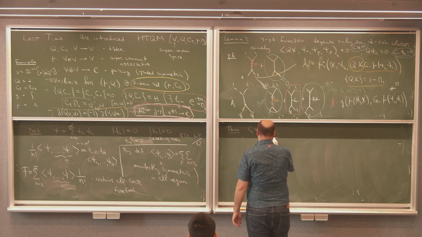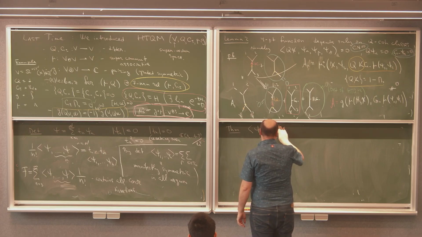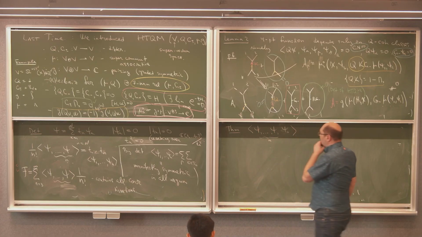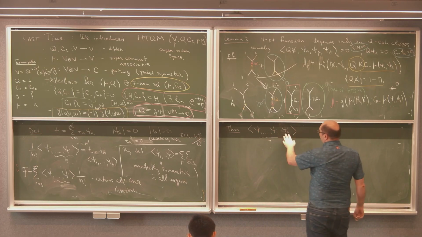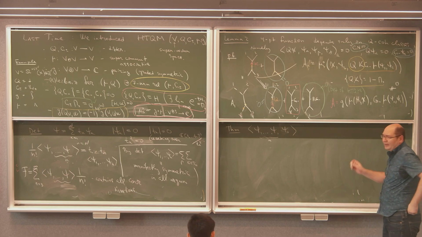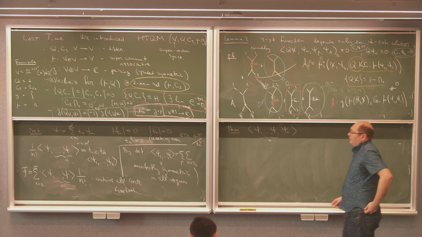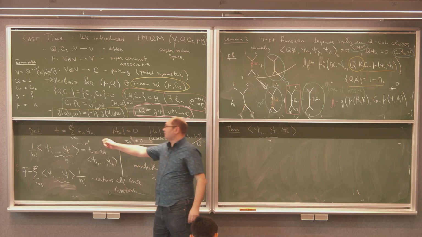So suppose we have an n+1 point correlation function of these n universal states psi and then some other additional state psi naught, which is not among this sum.